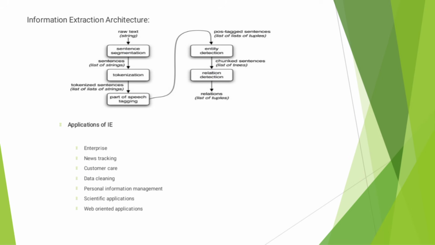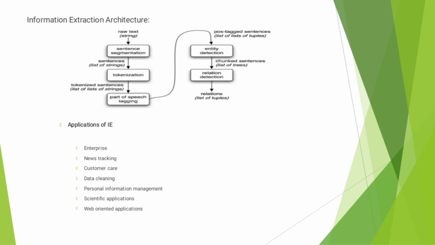The next one is information extraction architecture. Here I have given the architecture diagram. First the raw text of a document is split into sentences using a sentence segmenter, and each sentence is further subdivided into words using a tokenizer.